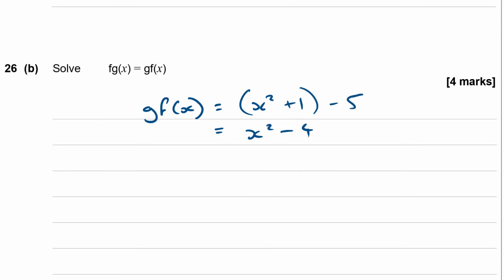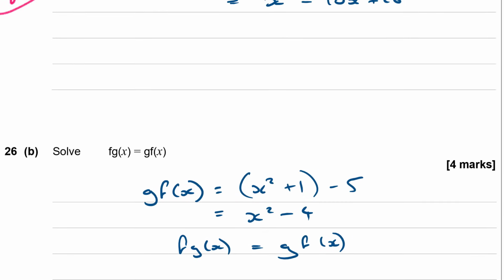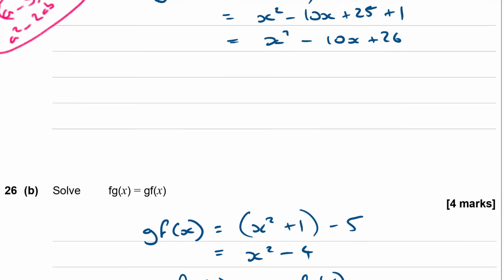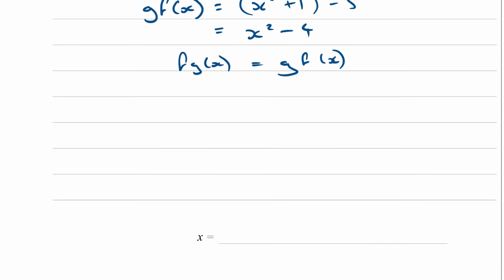Okay, now I need to solve fg of x equals gf of x. Now we just showed that fg of x is x squared minus 10x plus 26. So x squared minus 10x plus 26, and we now know that's the same thing as x squared minus 4.